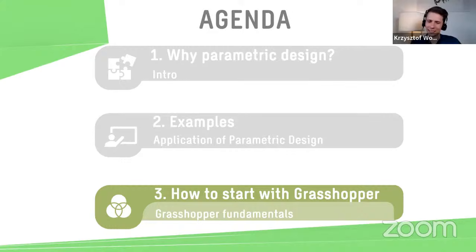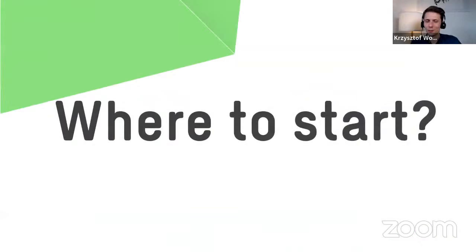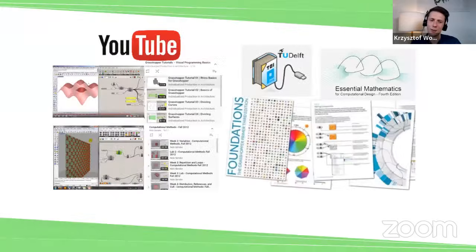Just 5 minutes that I would like to mention. So the question: where to start? Where to start applying this crazy algorithm and how to learn it? My usual answer is, this is how I learned Grasshopper. Go to YouTube, check really nice examples which you are really interested in, because this is the thing: you need to be interested in the topic, find out something and try to do the same.